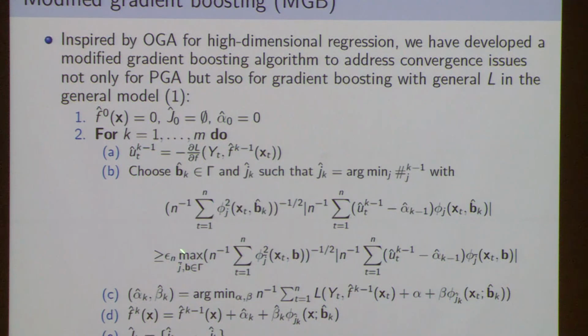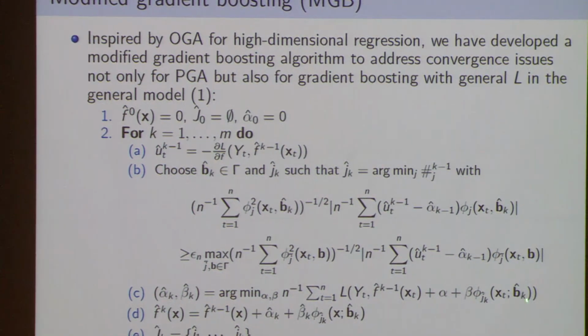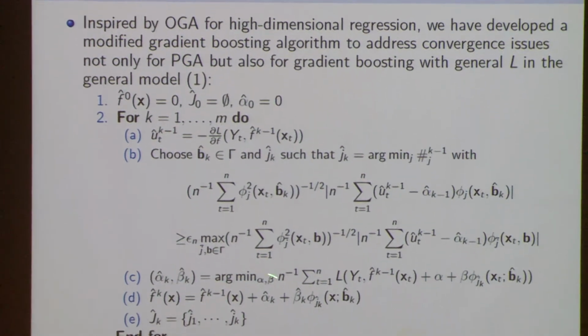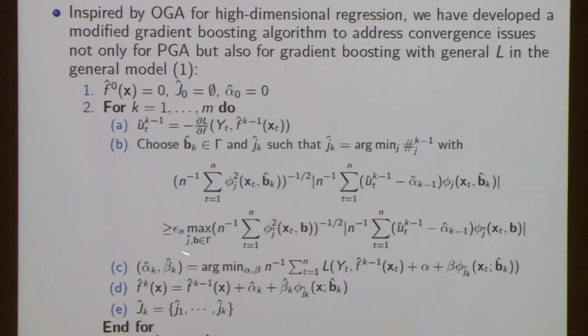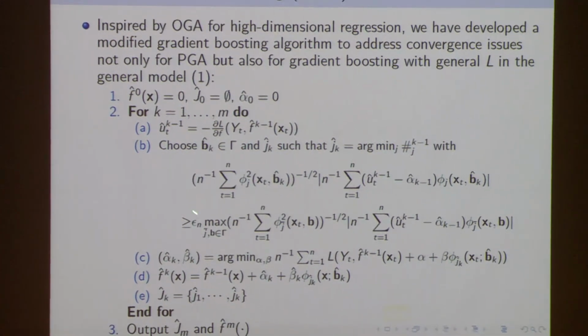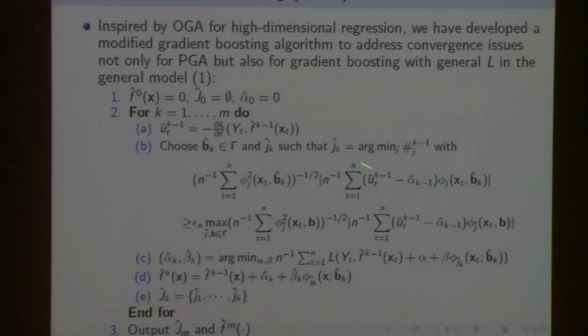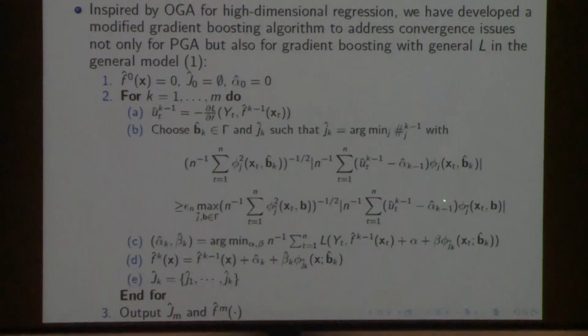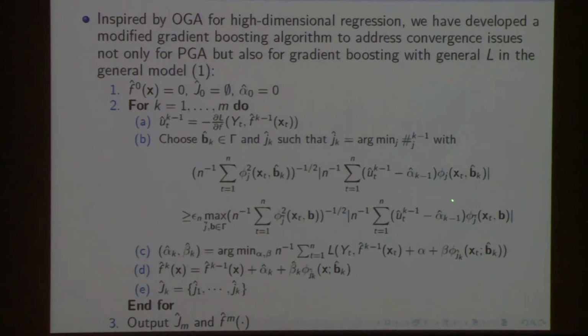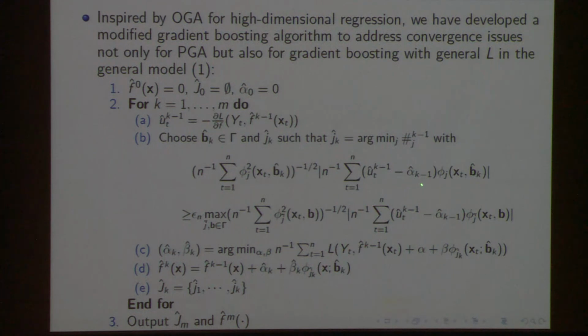Essentially, we choose the variables, and we give some sort of leeway, in other words, if epsilon n is equal to 1. This part is to find the one that is most correlated. Well, I shouldn't use the word correlated, because in the analysis it is the inner product. So I find the one that is most related, after I normalize.